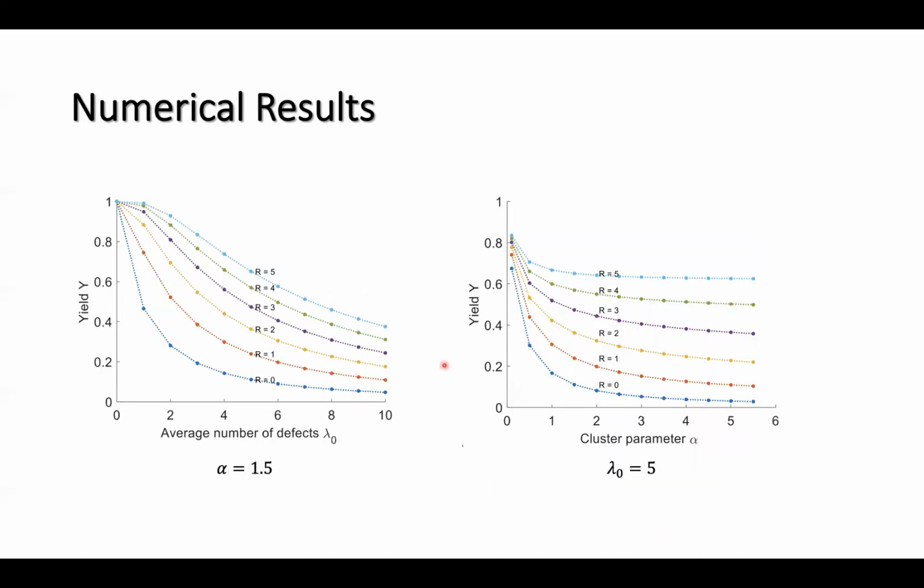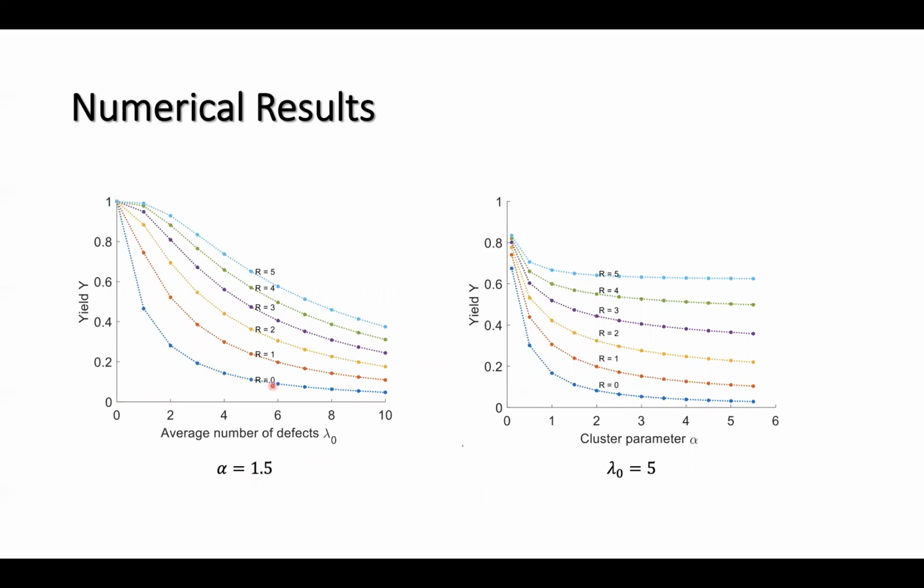Here are some results. The first is the yield versus the average number of defects lambda. I set alpha equal to 1.5, meaning there is some clustering of the defects. When the number of defects is 0, the yield is 1, which means 100% good chips.